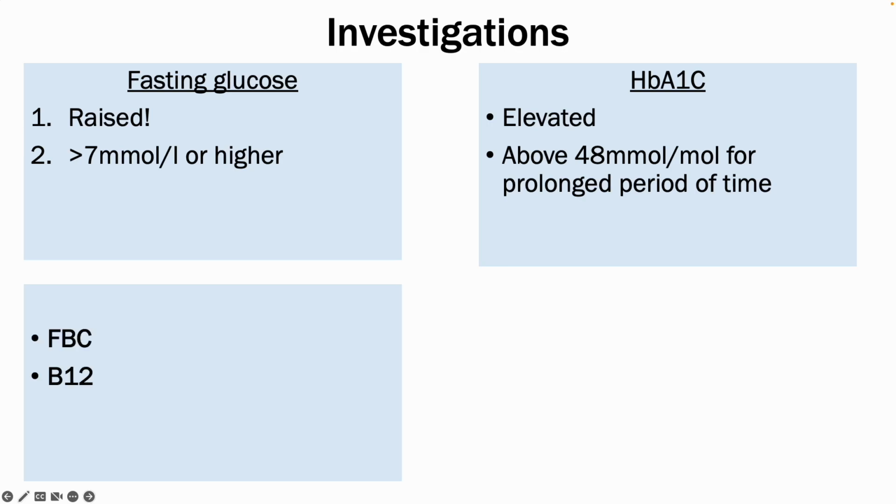Other tests to include are the full blood count, B12, thyroid, and liver function tests. This is purely to exclude any other possible causes of neuropathy. Lastly, and not included on the slide, you want to discuss things such as screening programs in the UK with regular checks for any foot ulcers, etc.